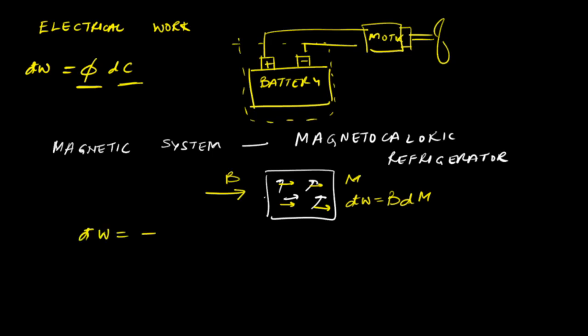For example, if a system has all these processes, then the total work would be the sum of all these differential works, which will be minus p dV, tau dl for a stretched wire, sigma dA for a liquid film, phi dc for electrical work, and B dm for magnetic work.